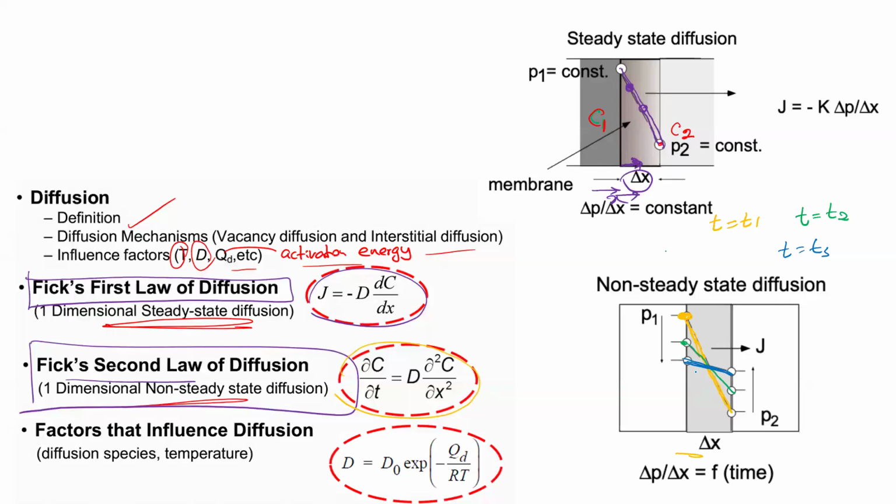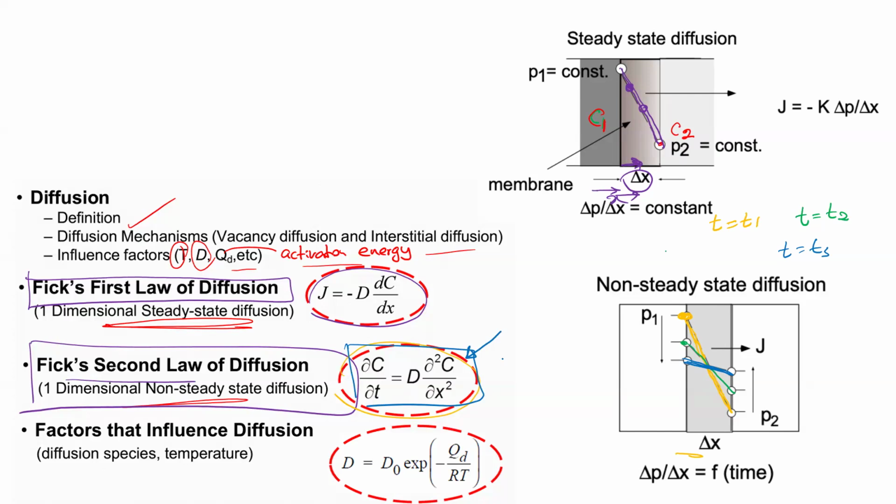Any questions? No questions? Okay, for the non-steady state, we are going to use this equation. With your maths knowledge, you can solve this, am I right? However, we are going to use the simplified solved version of the equation when we do the question.